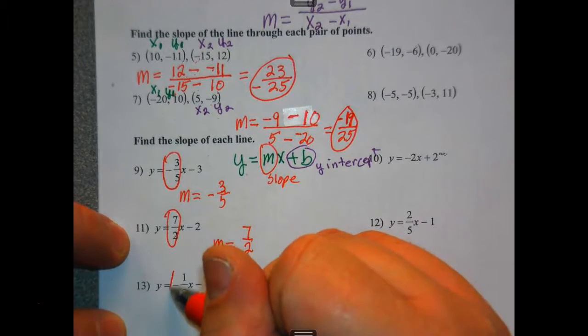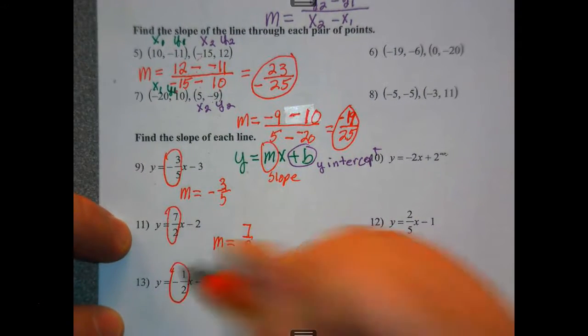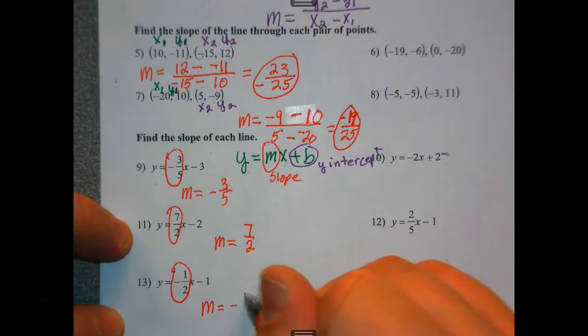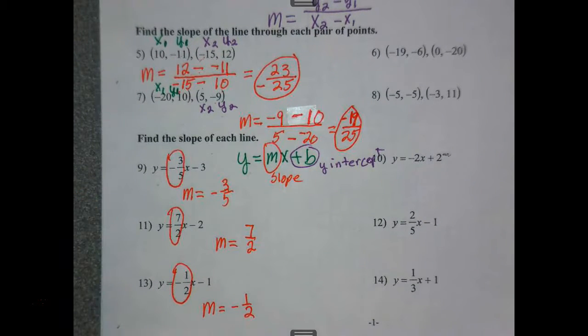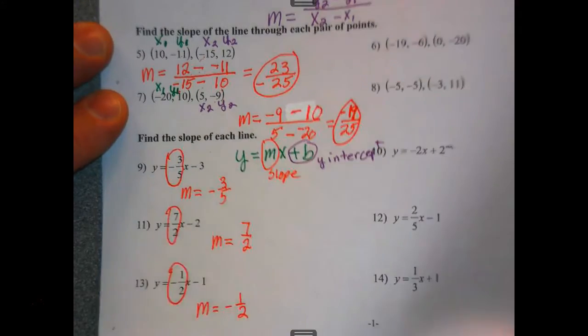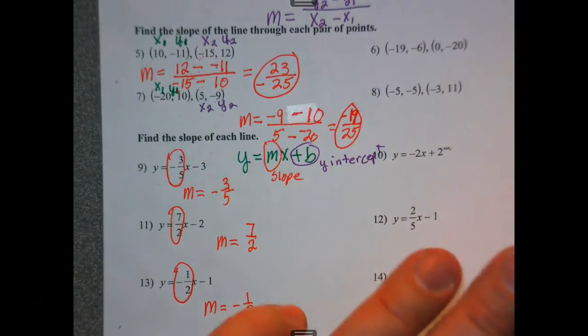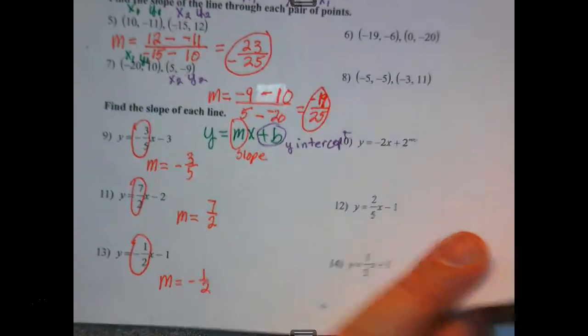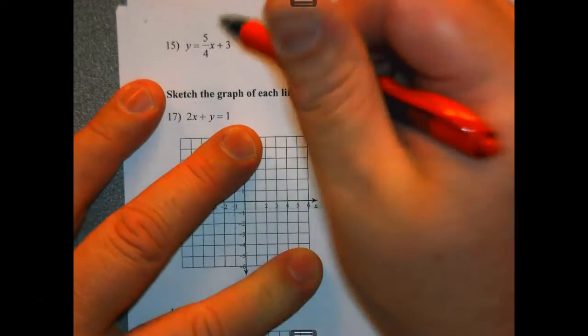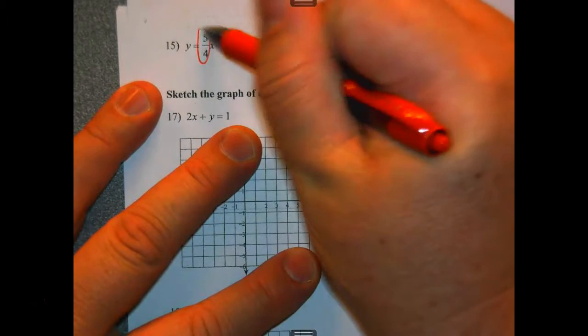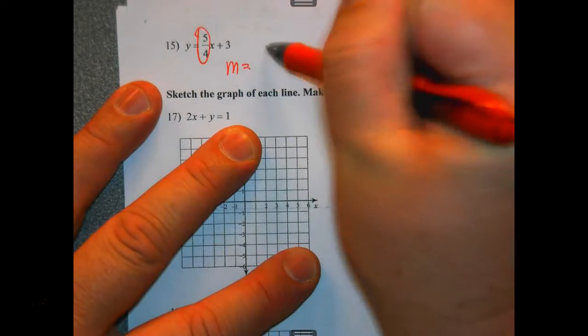My coefficient in 13, negative 1/2. Okay. Now, number 15. My slope is 5/4.